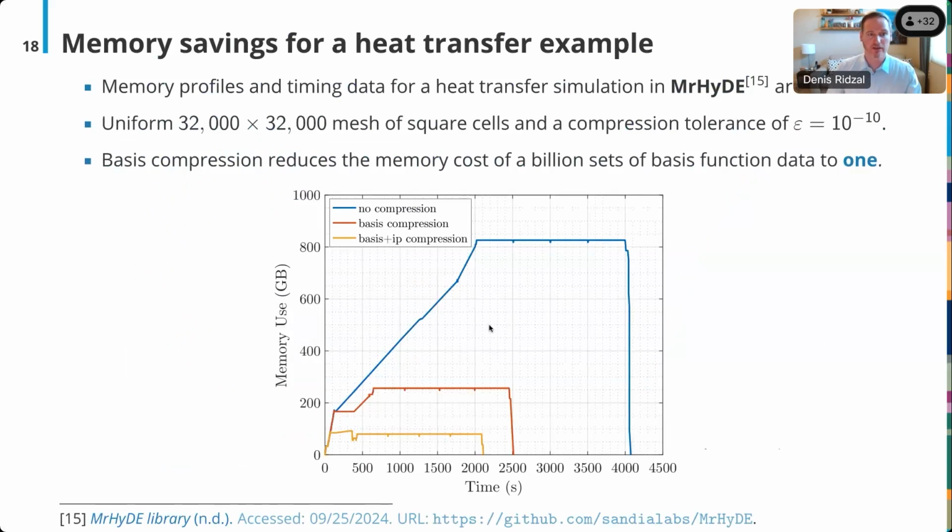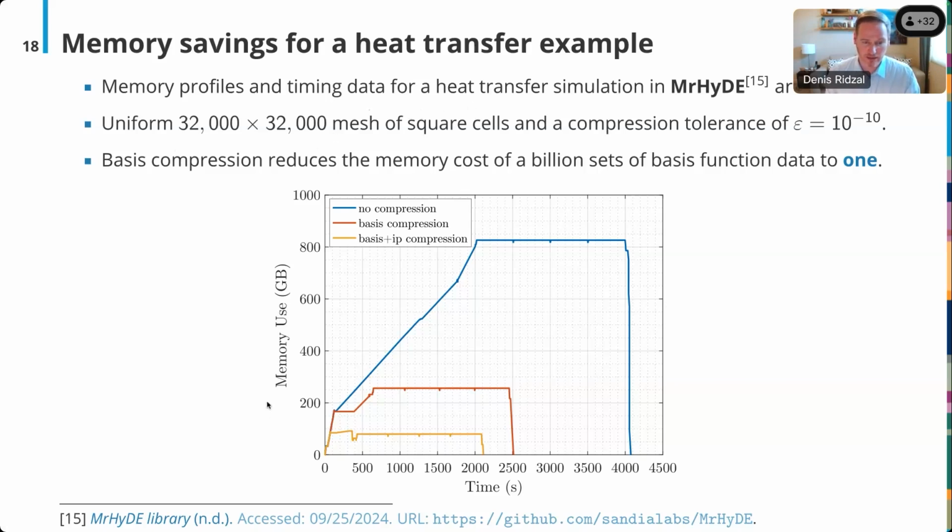And then this is just a very simple illustration of the memory savings we got for a heat transfer example on a structured grid of square cells. And so we have a 32,000 by 32,000 mesh of square cells. So that's over 1 billion. We have a compression tolerance of 10 to minus 10. So we're going for lossless compression. And we're looking at memory profiles and timing data on the Mr. Hyde simulation.